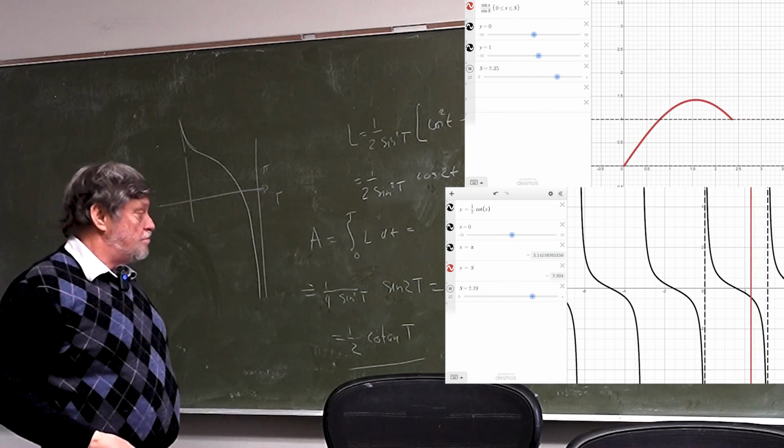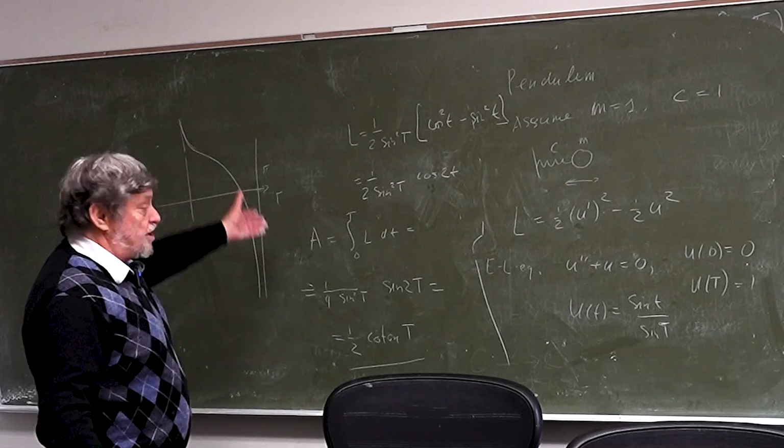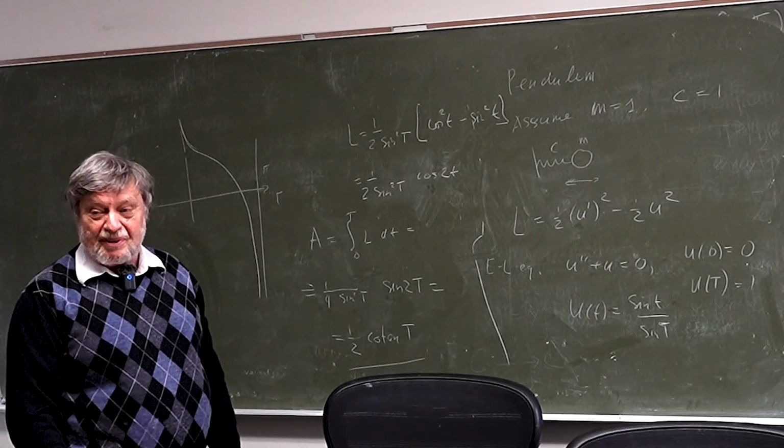After this, cotangent again jumps to plus infinity, but that doesn't make any sense.